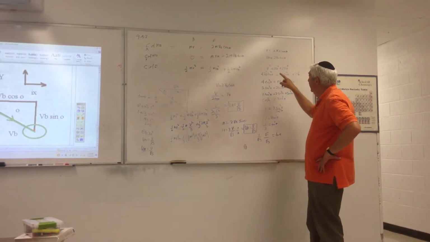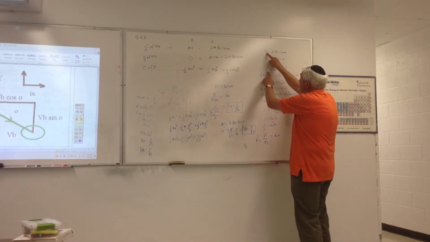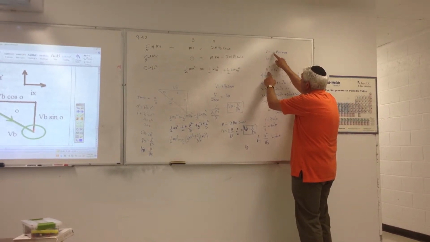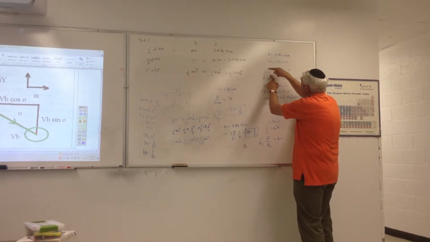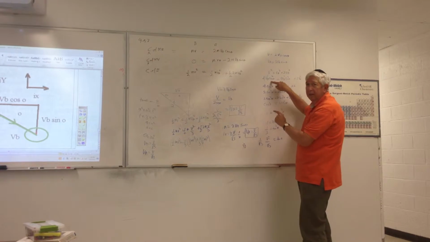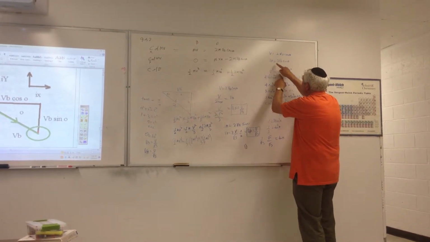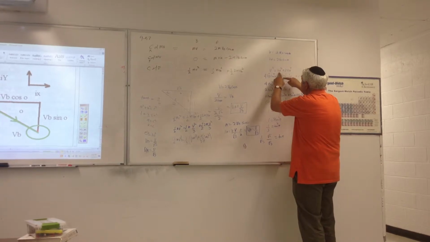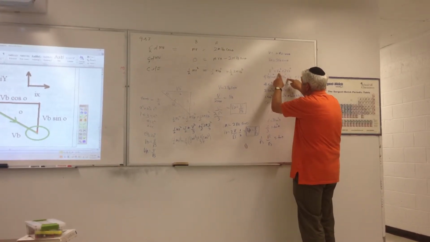Now, for v squared, we take this v and square it. So that's 2 becomes 4, vb squared cosine squared theta. And for va, we square this. That's going to be 4 vb squared sine squared theta.